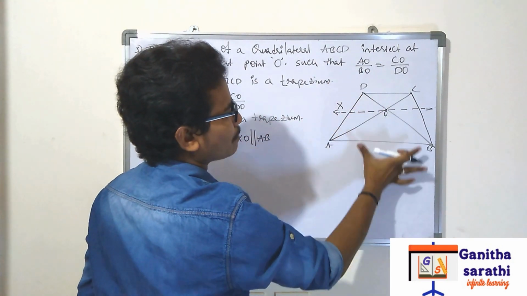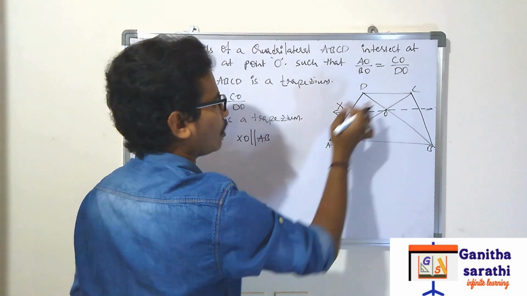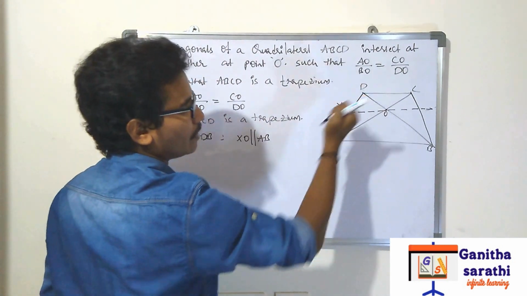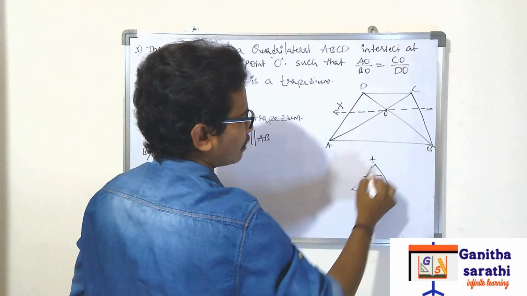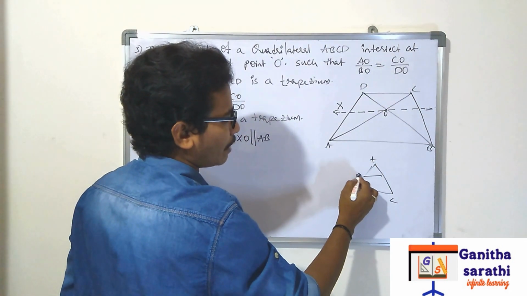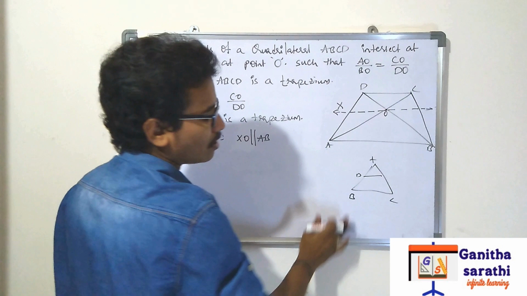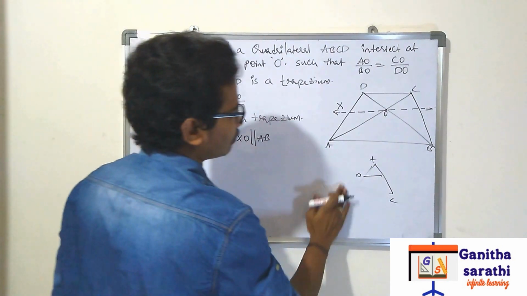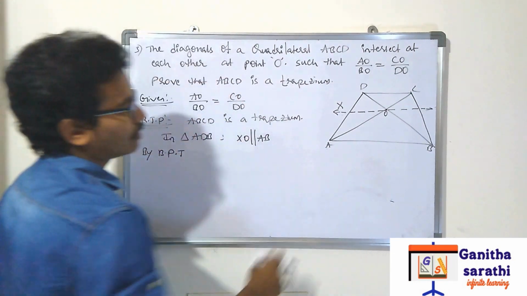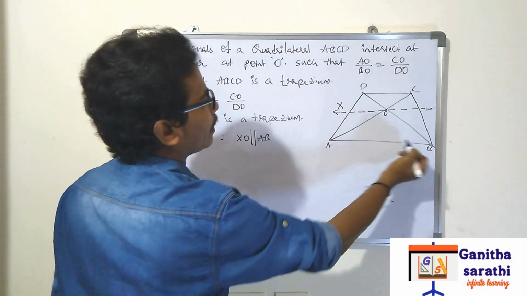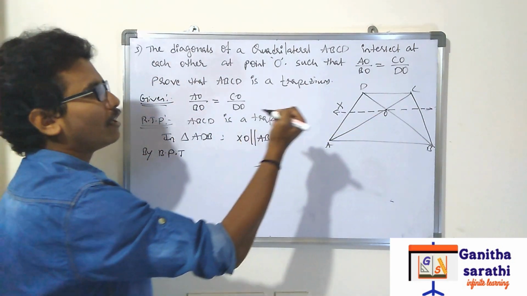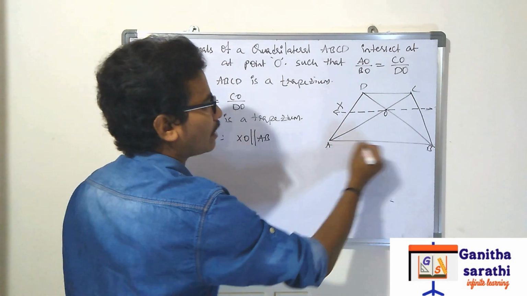If XY is parallel to AB, then you can write, from where can you start? In a triangle, when the parallel side is there, we start like AD by DB, AE by EC. In the same way you should start. Now listen, XO is parallel to AB, so what are the other two sides in this triangle?